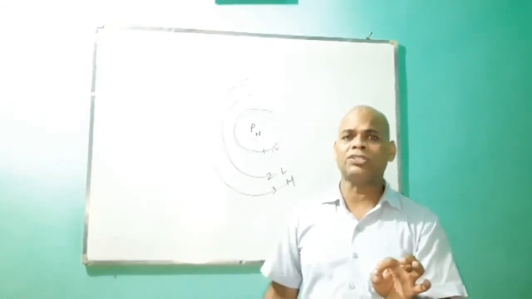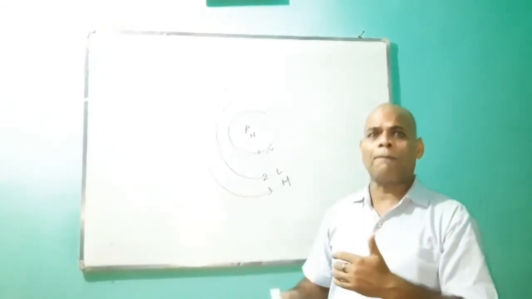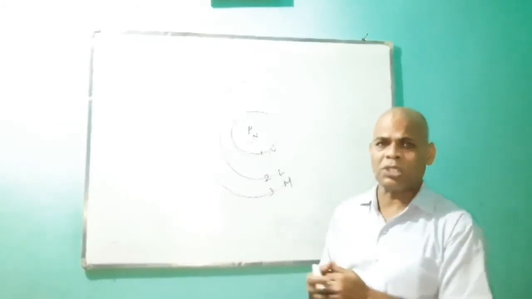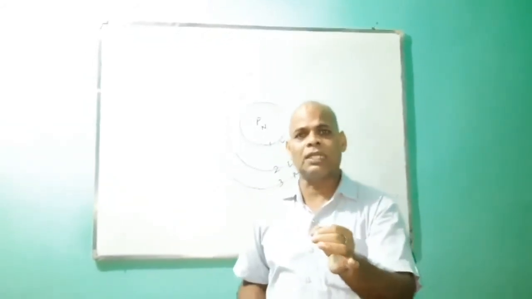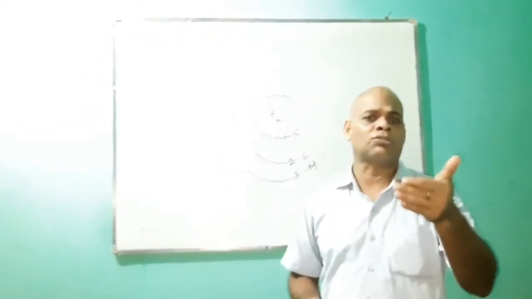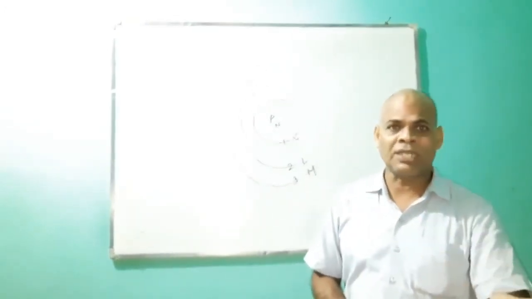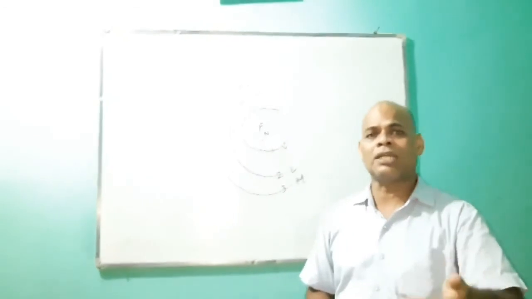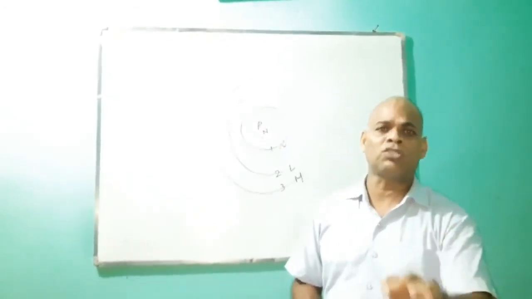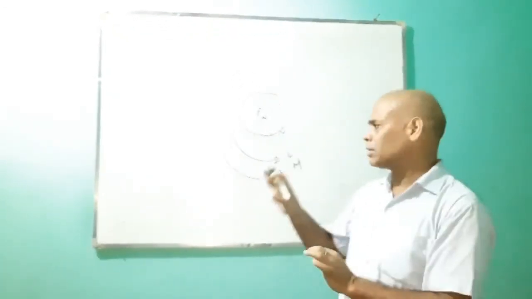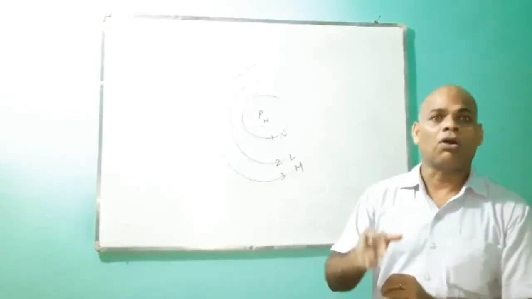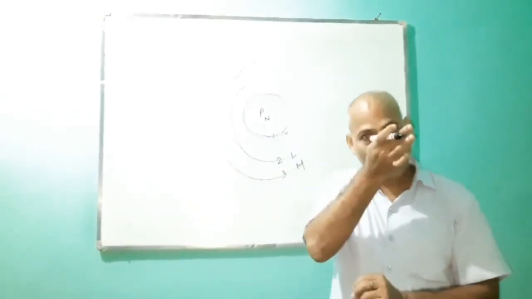Just now I mentioned why this circular path around the nucleus is called an energy level, because each shell is associated with a definite amount of energy. Each shell contains a definite amount of energy. That's why it is called an energy level or energy shell.